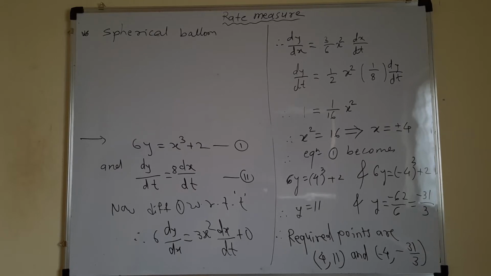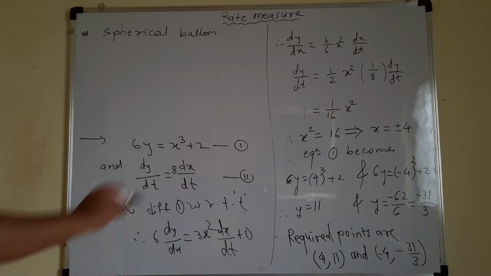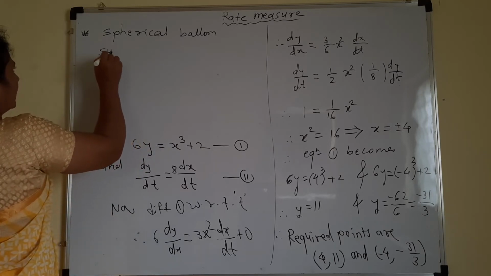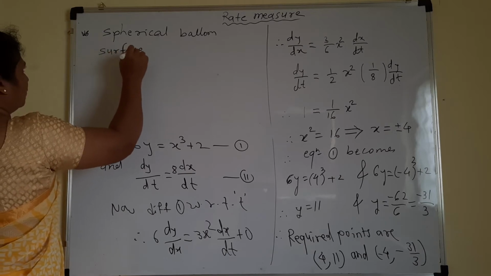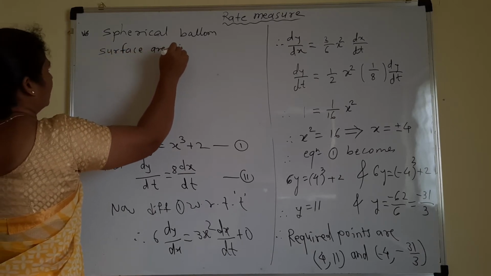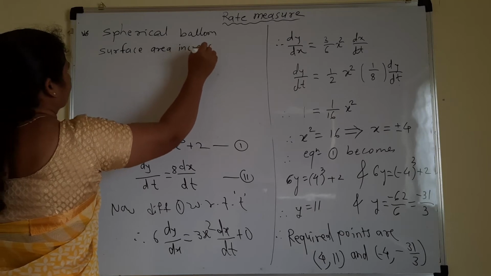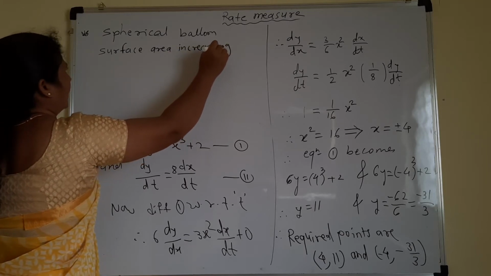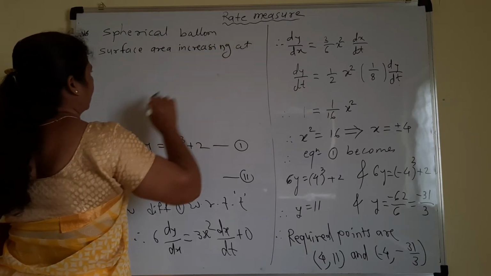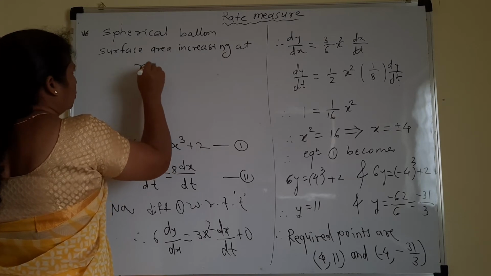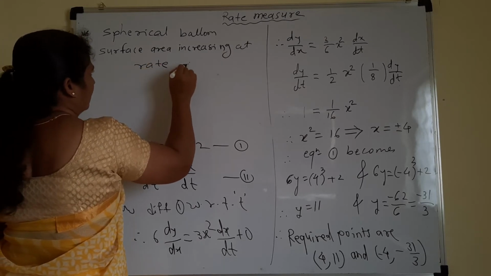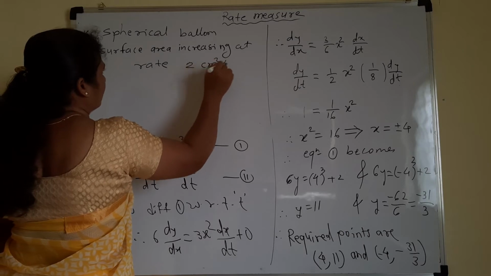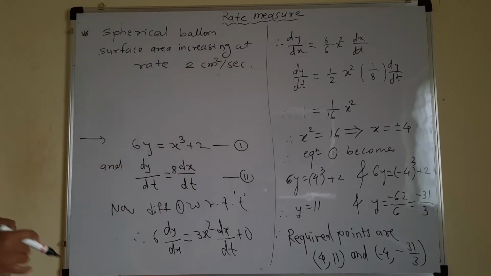The surface area of a spherical balloon is increasing at the rate of 2 centimeters square per second.